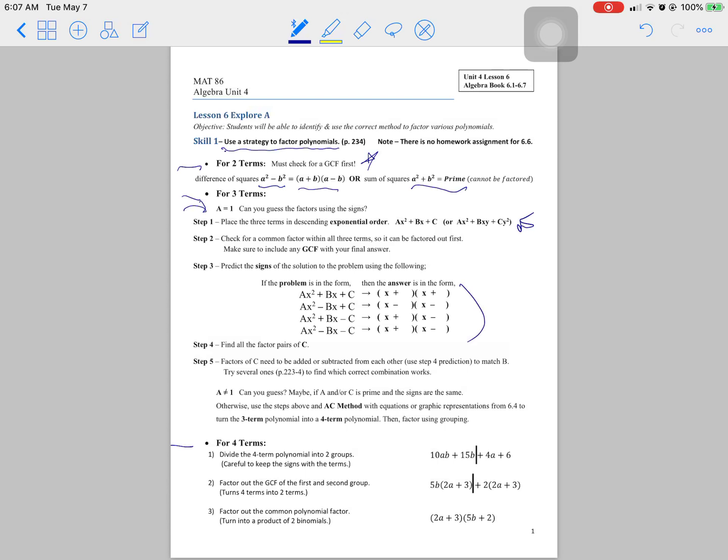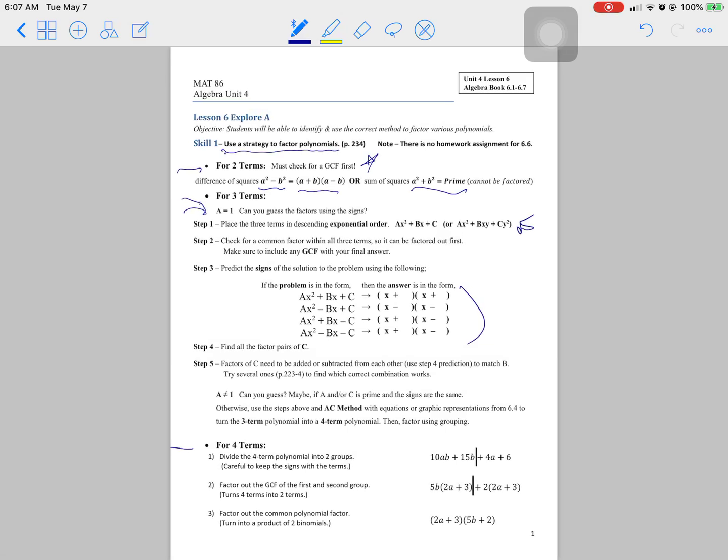And then these signs need to be memorized. Put them on a flashcard. Make sure you have them down. And then you are just finding factor pairs of C that can be added or subtracted, depending on which one your answers are, to match B.